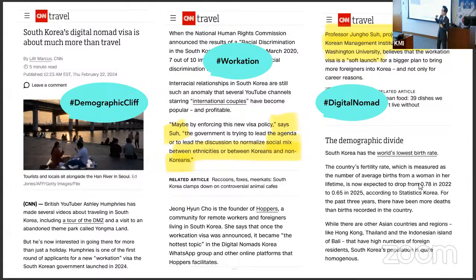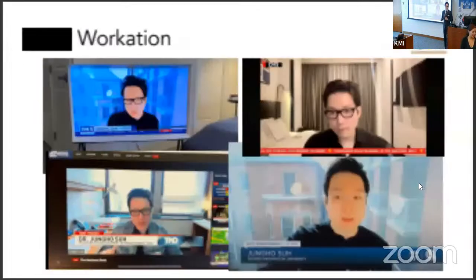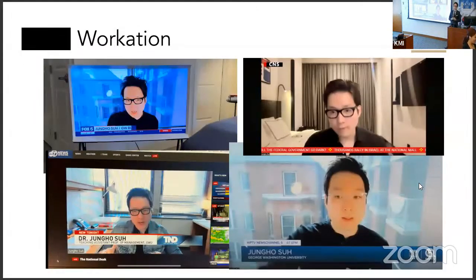And workation and leisure: as I told you earlier, my alma mater, Kyung Hee University College of Hotel Management, Hotel and Tourism Management, is quite well known for travel, tourism, and hospitality management, both in academia and in practice.